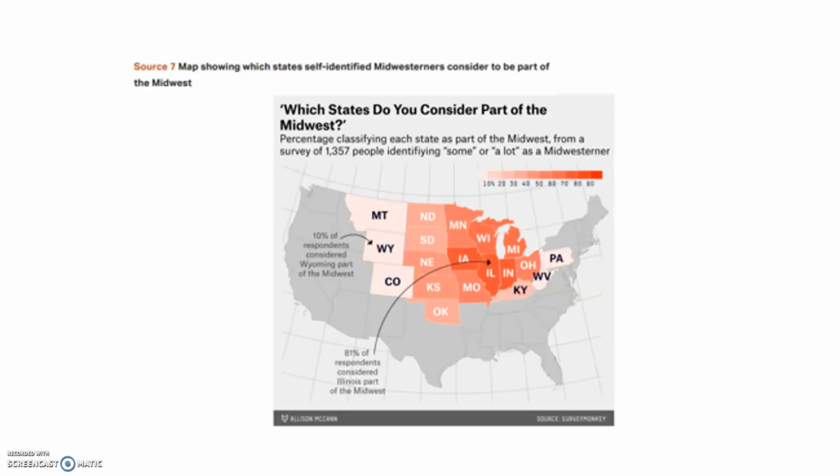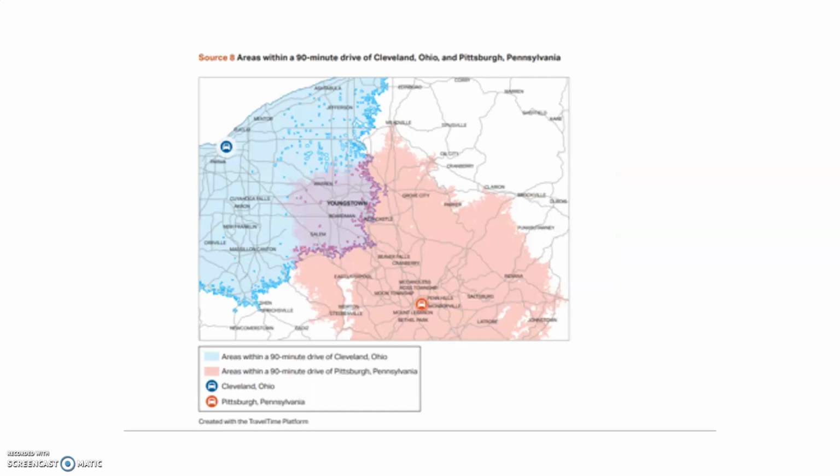Real quickly, you're going to be analyzing source 7. This is a perceptual region. This map shows the percentage in each of these states where people identify themselves as being a Midwesterner or living in the Midwest. This is all based on perception. Source 8 is a functional or nodal region.